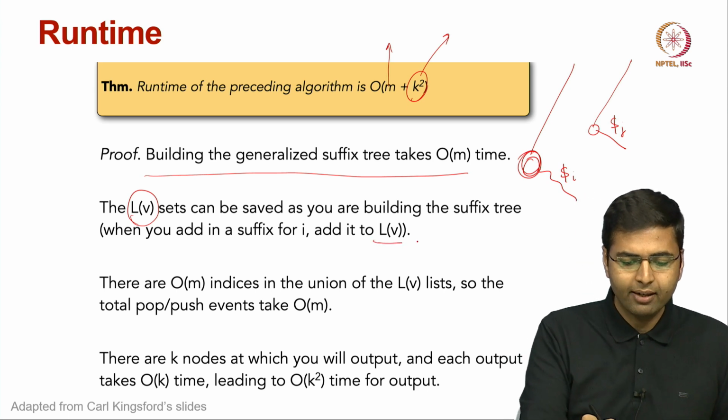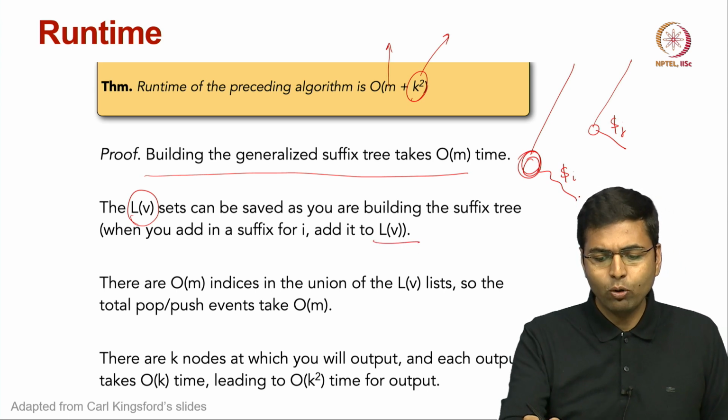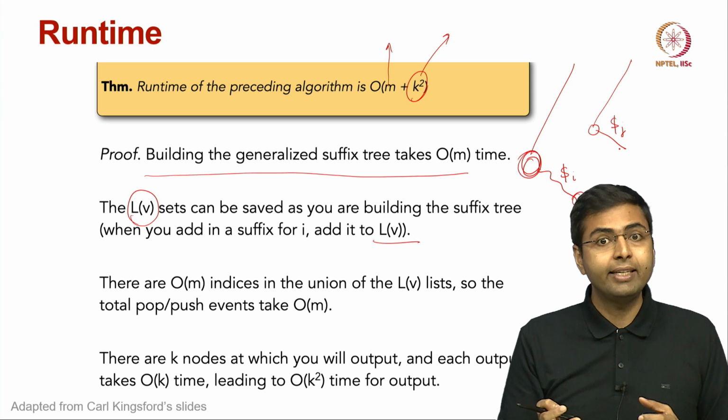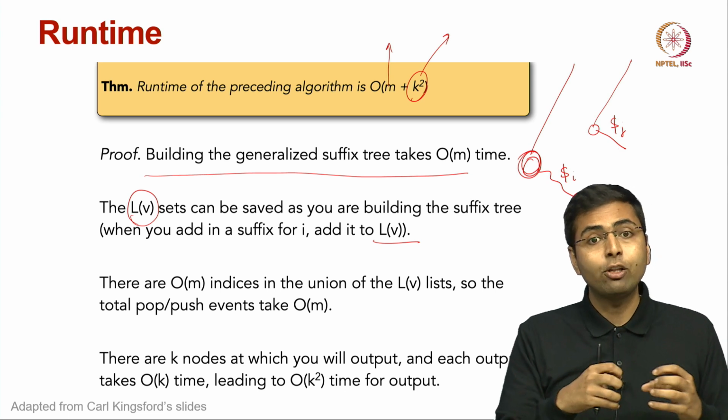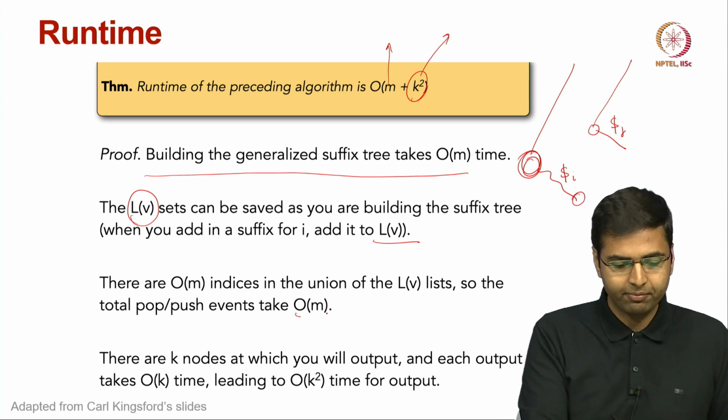We add it to list LV, right, and because the number of leaves is also linear in the suffix tree, the combined length of all the LV lists is going to be linear.